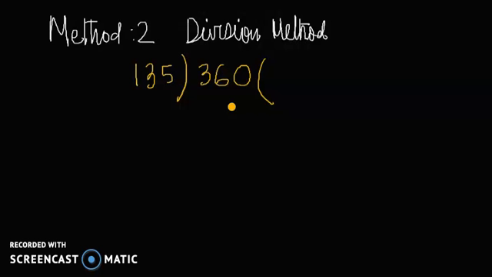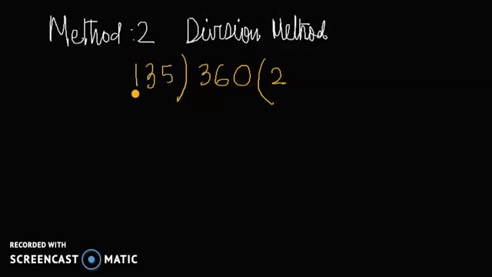Now the second method for finding HCF is the division method. In this case, we divide the greater number by the smaller number. So here we have the smaller number 135 and the greater number 360. And just follow my steps. I don't know if you have been taught this method, but this is a very easy and fast method as well. 135 times 2 will be 270.